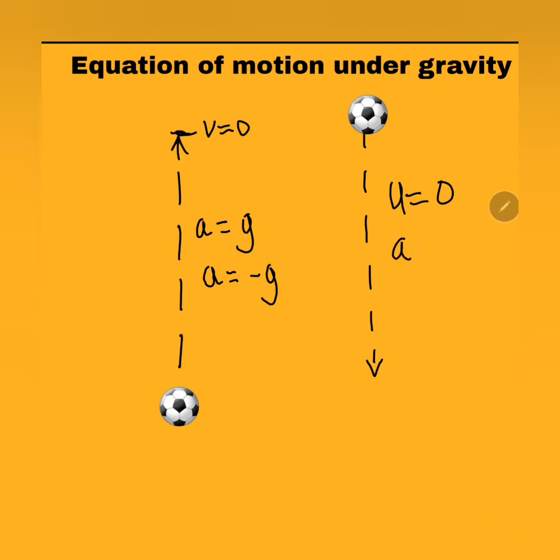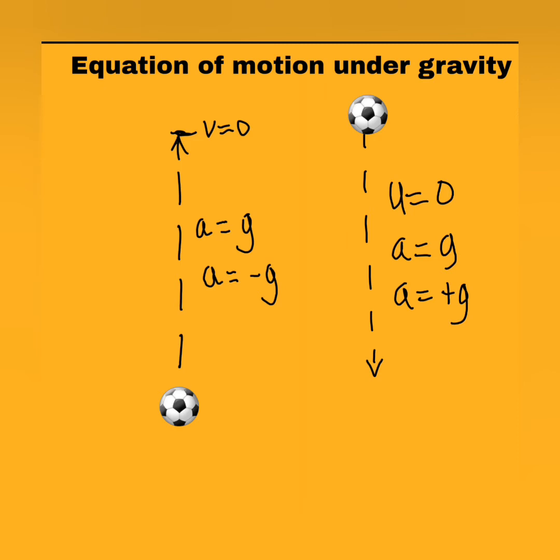The acceleration is equal to g and it is positive, meaning it will be plus g. So for the equations of motion under gravity, you replace the a with g. It's going to be plus g when an object is falling back to the ground, and it's going to be minus g when an object is thrown upward.